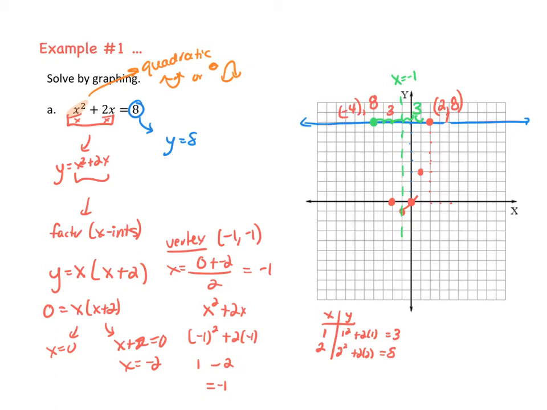And we can check that in our table: if we plugged in -4 and squared it, and then 2 times -4, that'd be 16 minus 8, which does give us 8. So we're able to make a parabola here, and we can see that the two values that make this true for x would be -4 and 2.